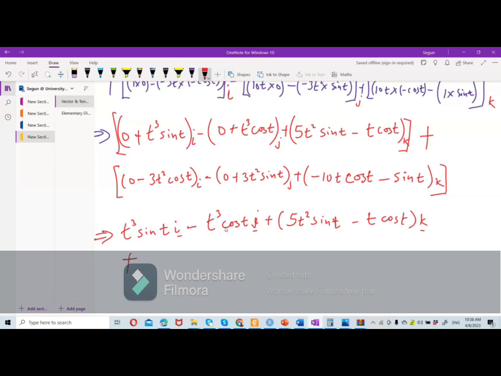Plus negative 3t squared cos t i minus 3t squared sine t j plus minus 10t cos t minus sine t k.